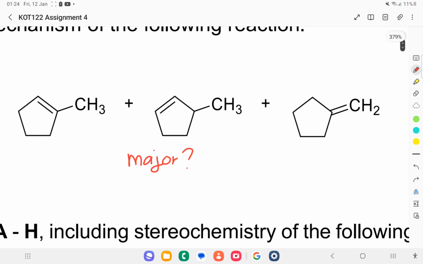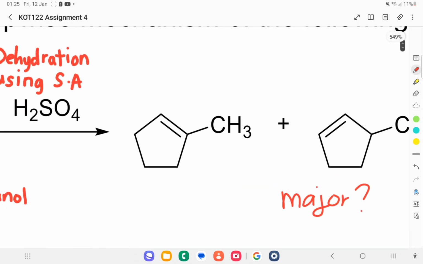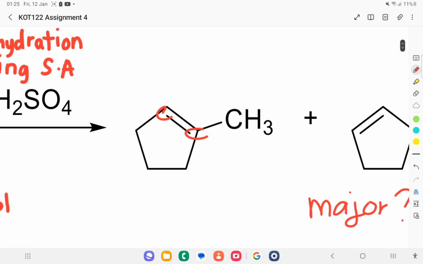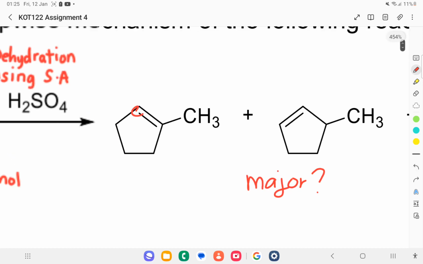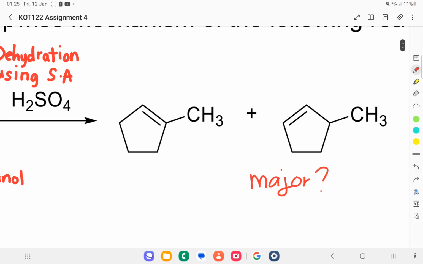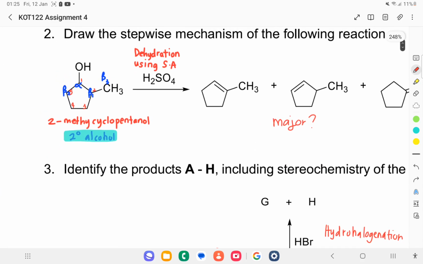There are 3 products, and all 3 products are alkenes, because the functional group is a carbon-carbon double bond, C double bond C. Okay, and then we understand all the figure. We will go on to answer these questions.